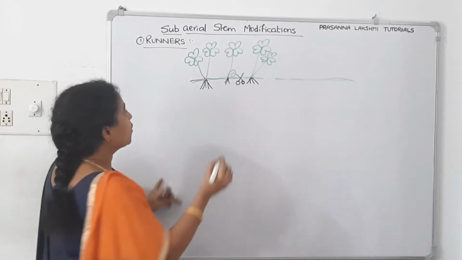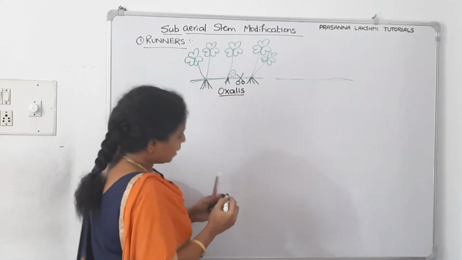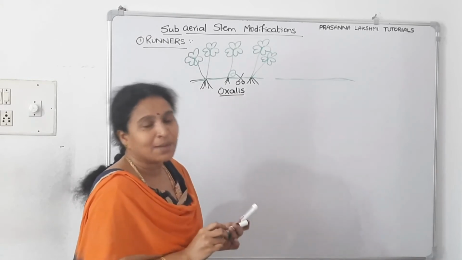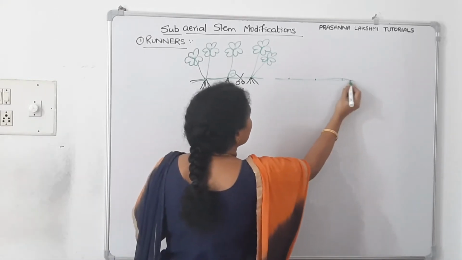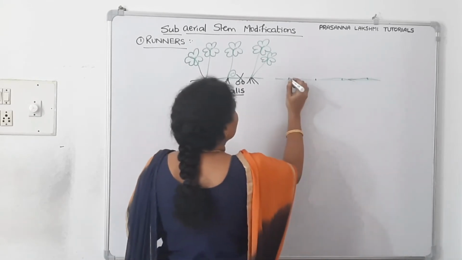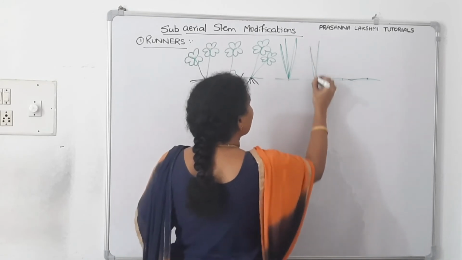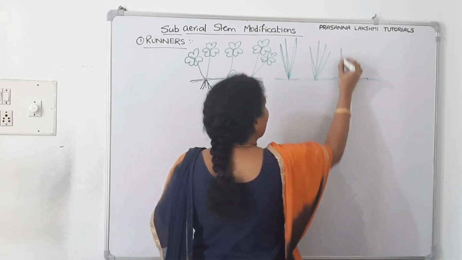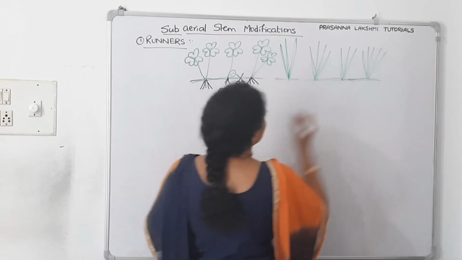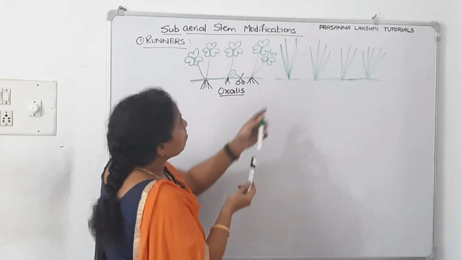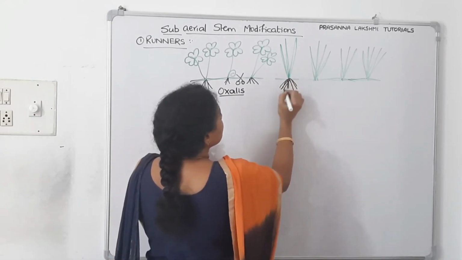What we draw is oxalis, which is there in the NCERT textbook also. We can draw grass also. Grass also comes under the examples of runner. Here these are the nodes on the grass and these are the leaves of the grass which come out aerially, and wherever the grass is touching the soil, this is the main mother plant and these are the fibrous roots, right?